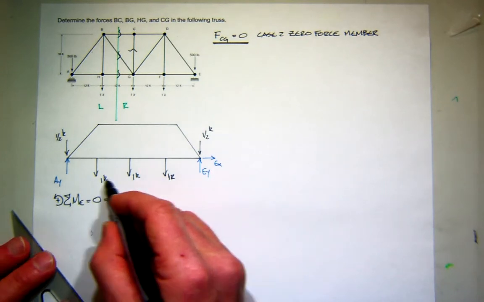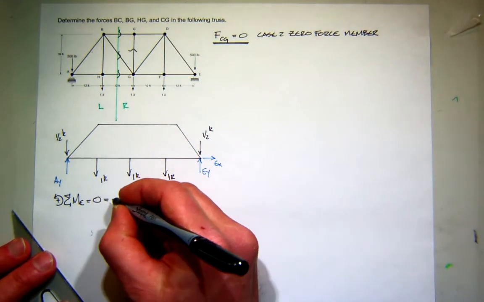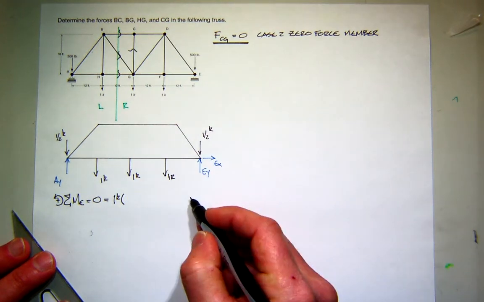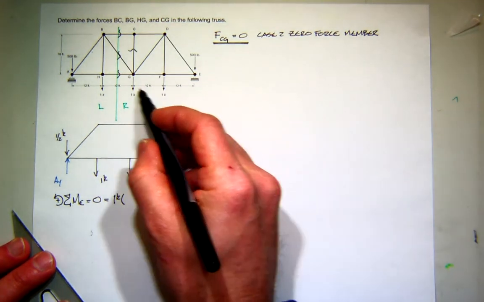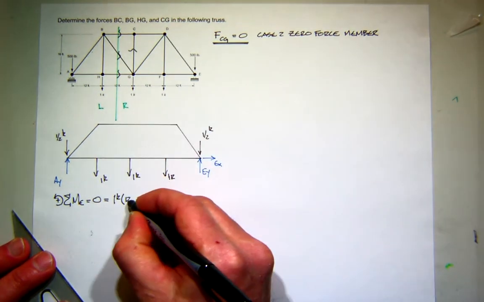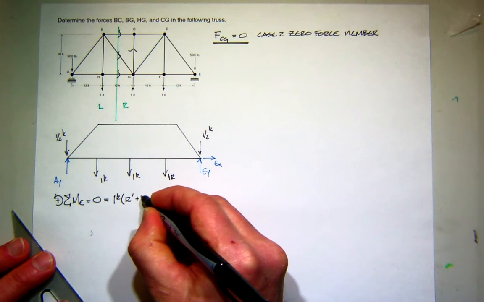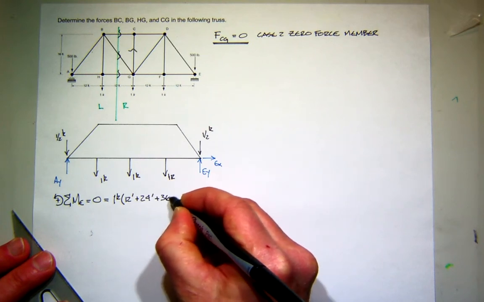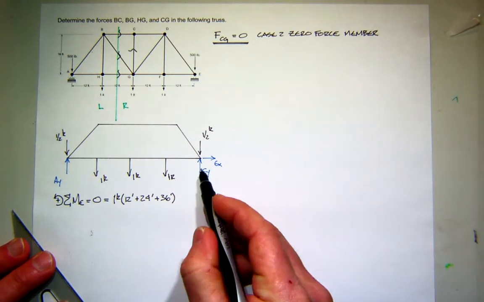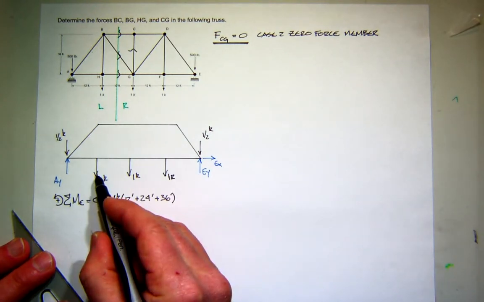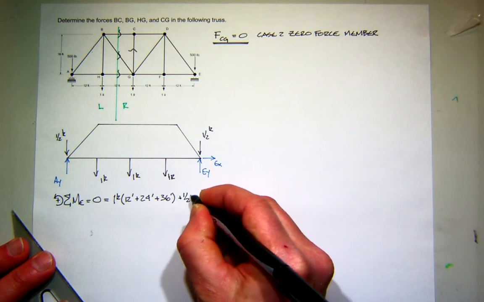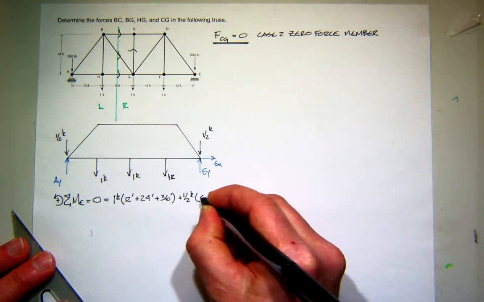Since all these have the same value, I'm going to pull that force out, and I'm just going to sum up their moment arms. So 12, 12, 12. So the first one will be 12 feet, the second will be 24 feet, and the last one will be 36 feet. So that's the moment effect for these 3. And then I'll have the half kip, which has a moment arm of 48.